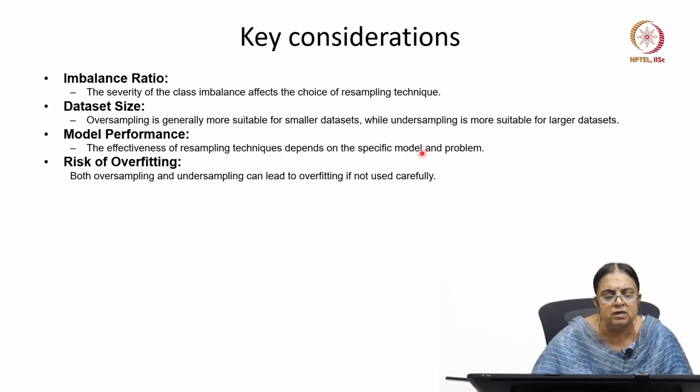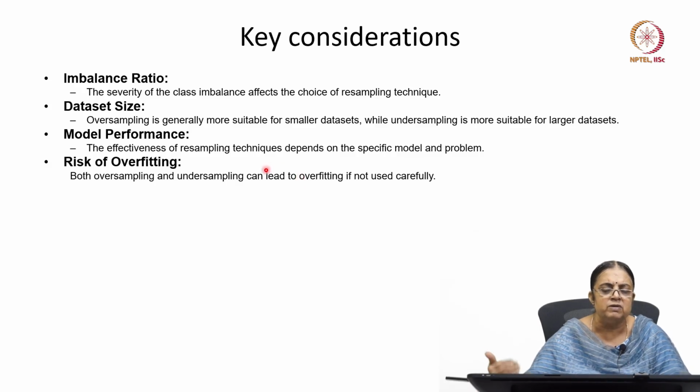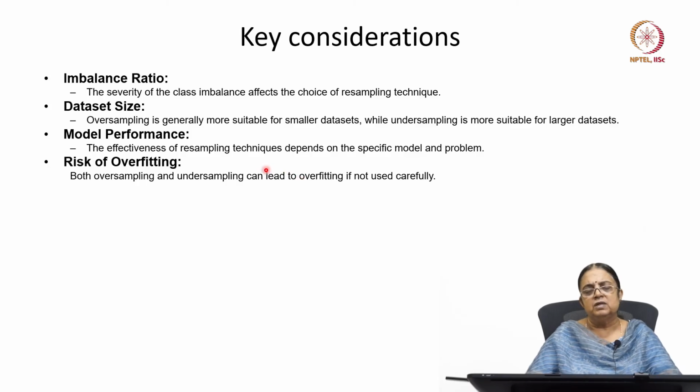So you need to see that. And then you also have the risk of overfitting. It can lead to overfitting if not used carefully, because when you're doing oversampling, you may be producing so many samples of points which are not important, and it may change the distribution of your minority class specifically.